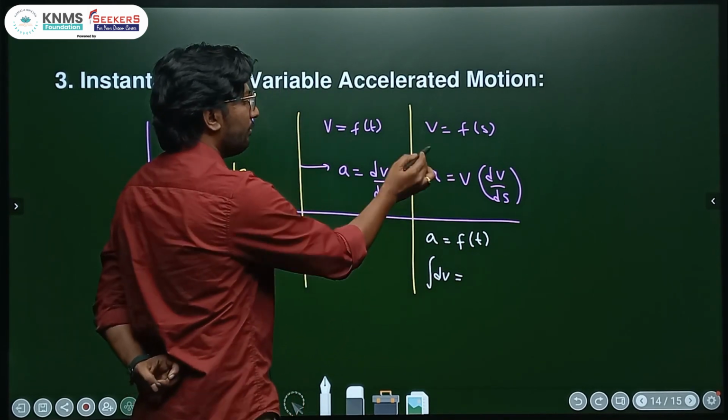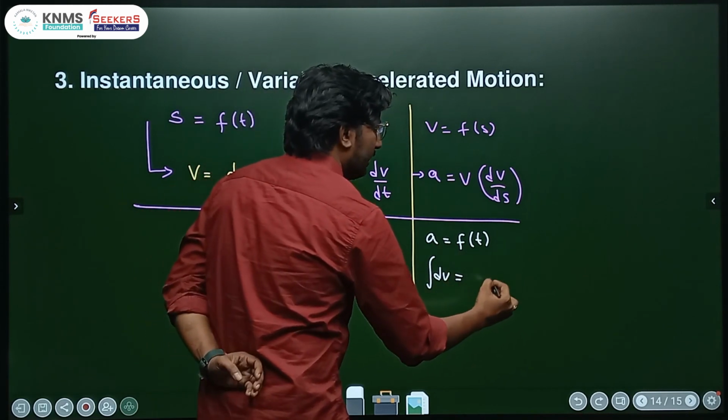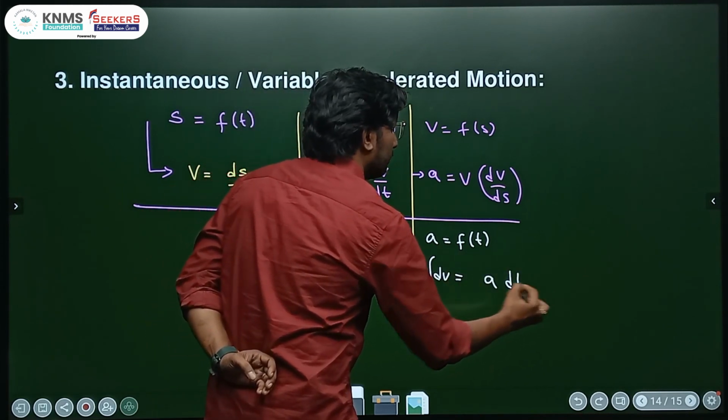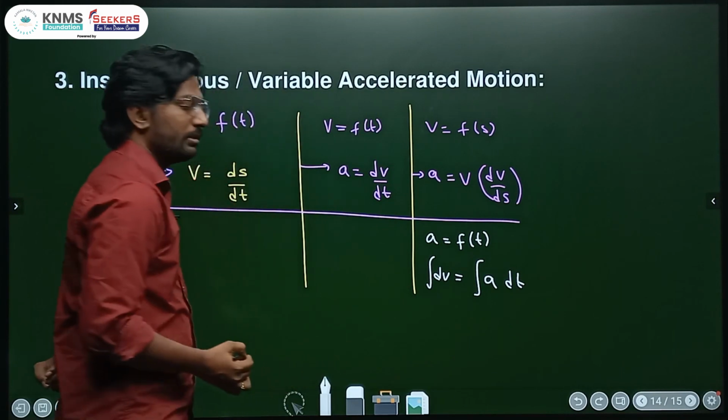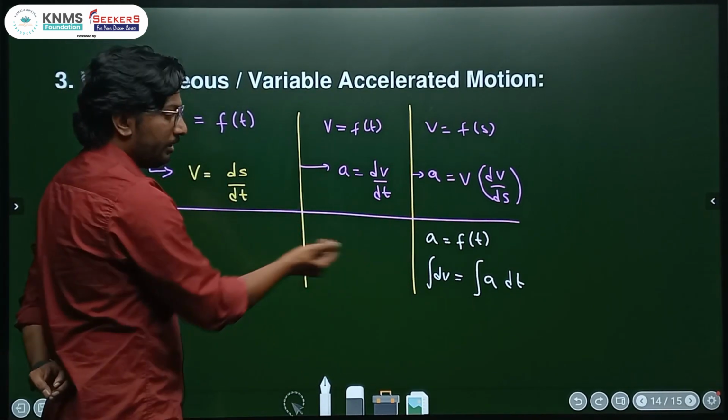That means acceleration we can write as dv by dt. So we write this as dv by dt, that means a, integrate with respect to dt. You will go in the differential integration method.